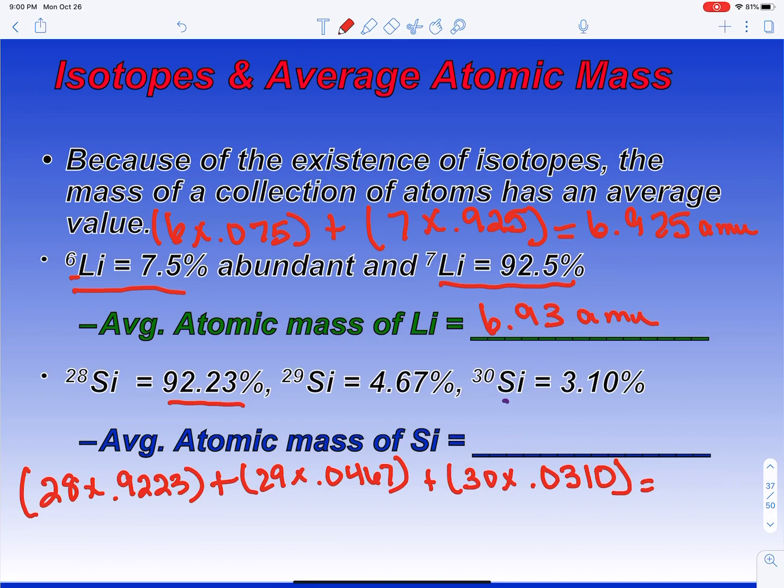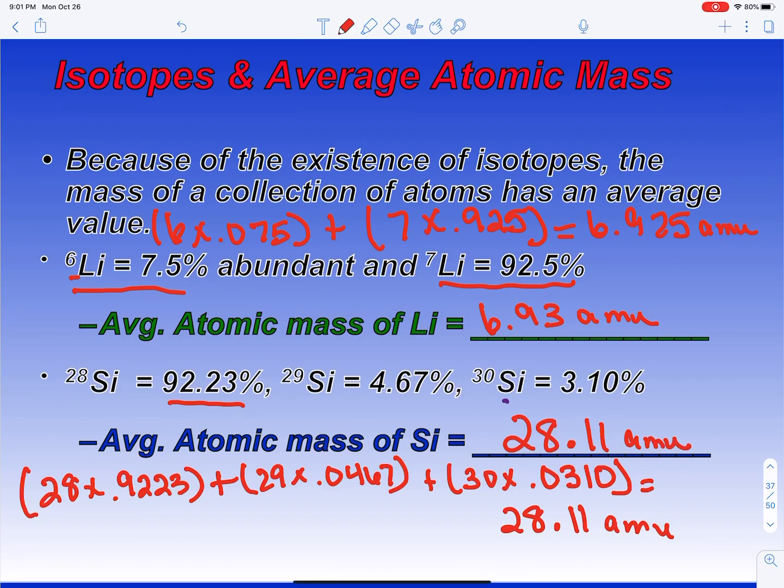I'm going to put that in my calculator again as one step. If I put that in as one step, I will get 28.11 AMU. So this should be my answer here.